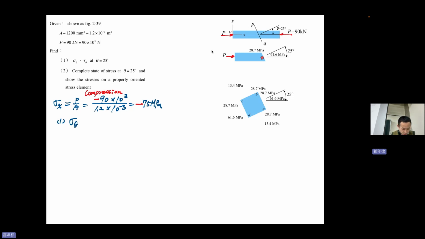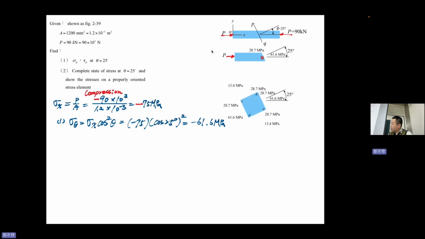Sigma theta equal to sigma x cosine square theta equal to minus 75 cosine square 25 degree equal to minus 61.6 MPa.